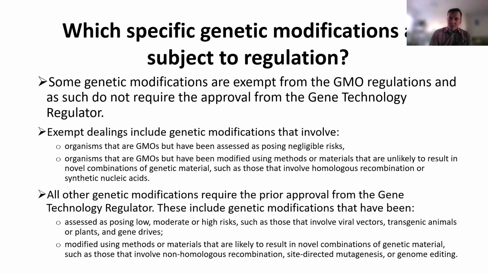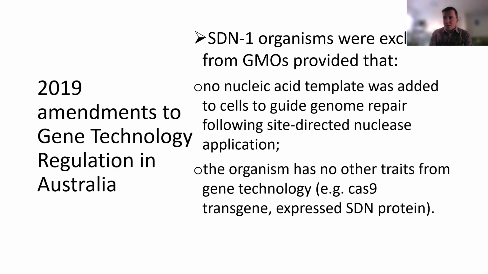All right. So now we are coming closer to what was called CRISPR in the title of this presentation. Australia was one of the countries that excluded CRISPR, or, more scientifically, SDN-1, site-directed nuclease type 1, from the scope of regulation.